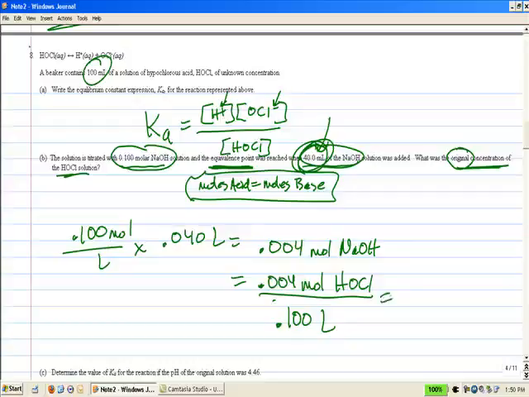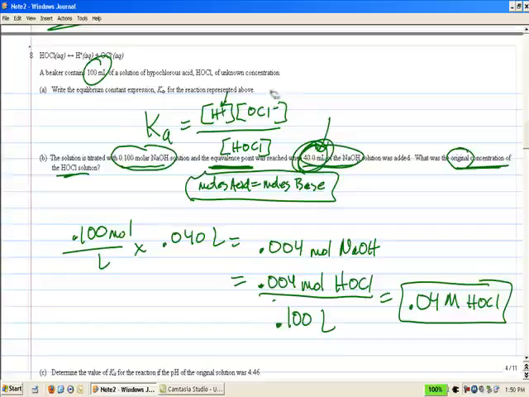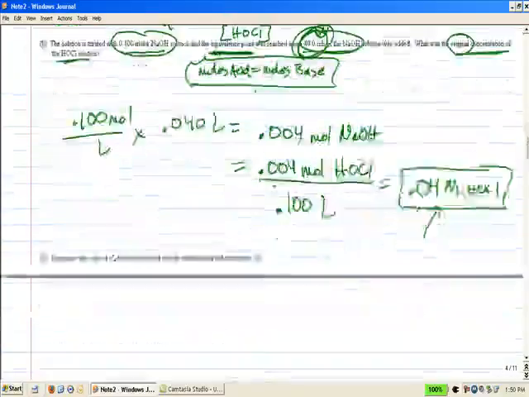So 0.004 divided by 0.1 equals 0.04 molar HOCl. And that would be your final answer there. Okay, and that's it for B. What was the original concentration of HOCl? The original concentration was 0.04 molar.